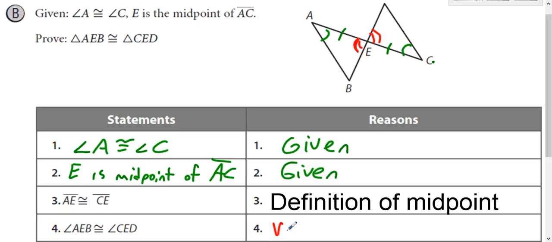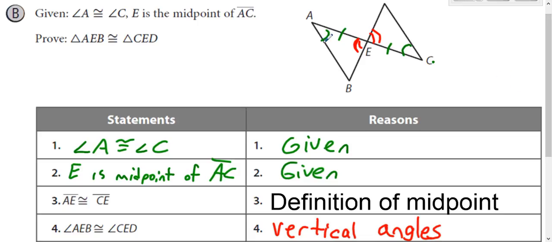So that's called vertical angles. And we know that vertical angles are always congruent. So if you see vertical angles in the diagram, you can always write it down in your proof. Just like if you ever see reflexive, a side that's shared, you can write that down in your proofs also. Doesn't need to be given because you can see it in the picture.